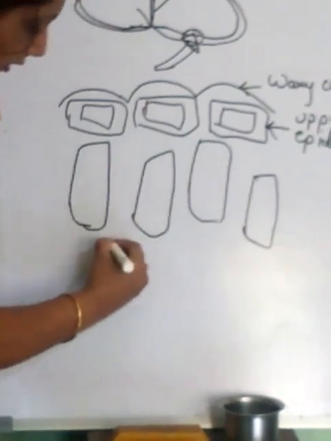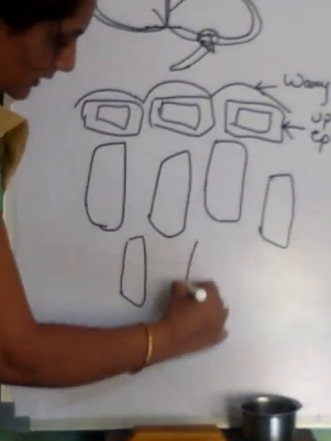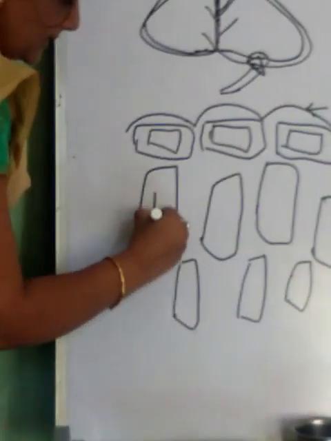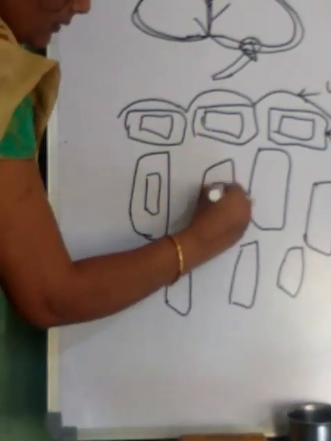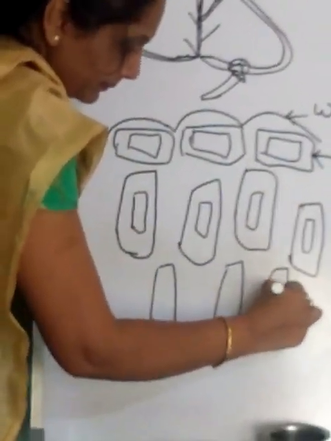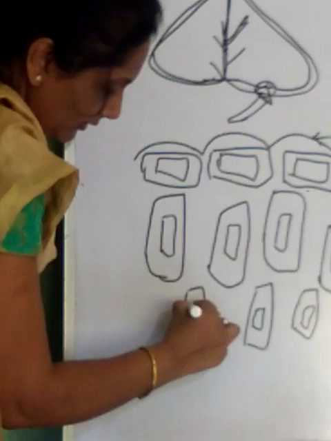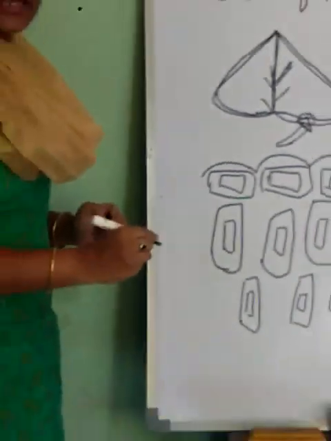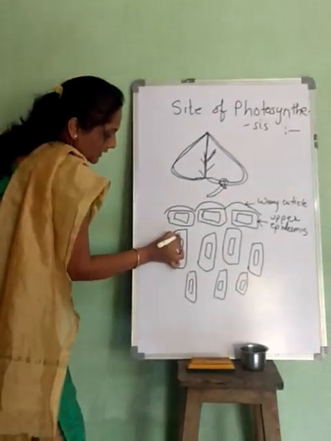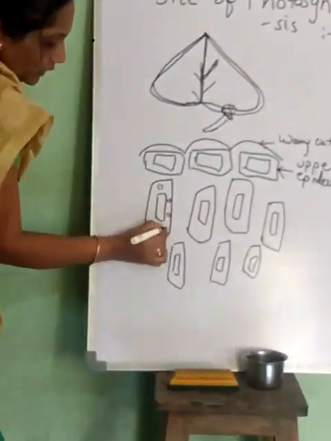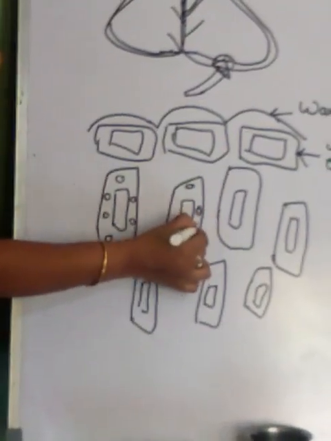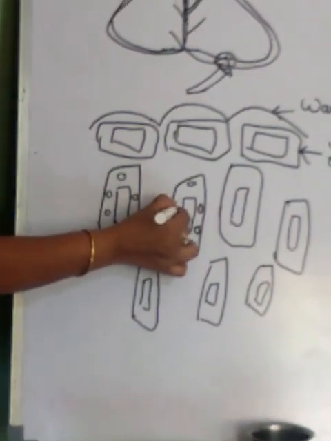These cuboidal or rectangular cells are the palisade tissue, and in between these cells, the cell organelles called chloroplasts are present. So here I am showing you the chloroplast. This is where the chloroplasts are present in the plant cell.